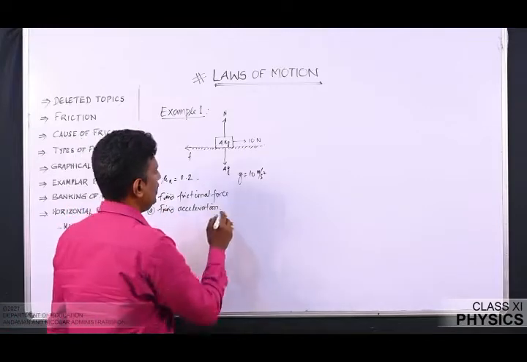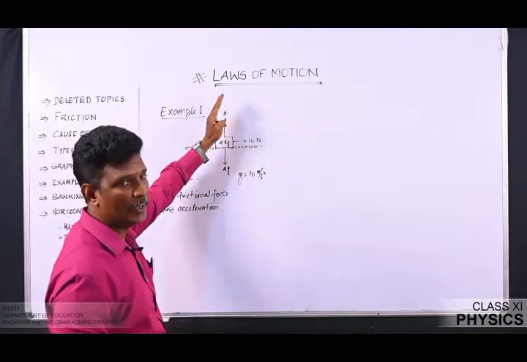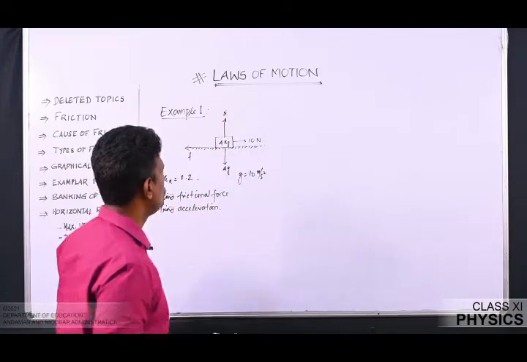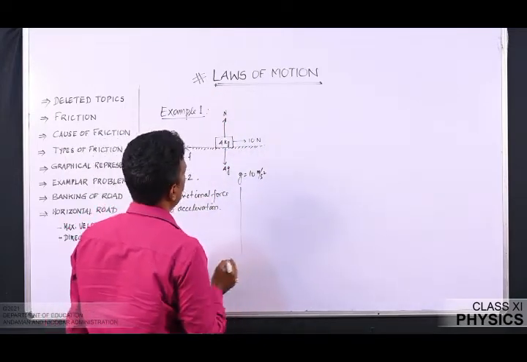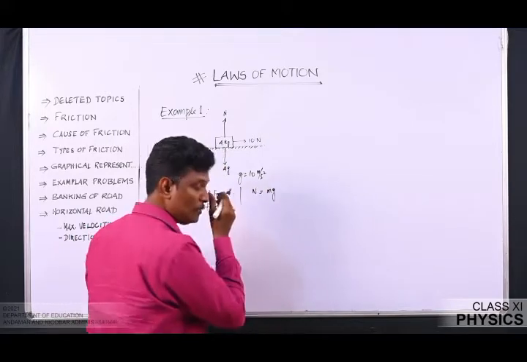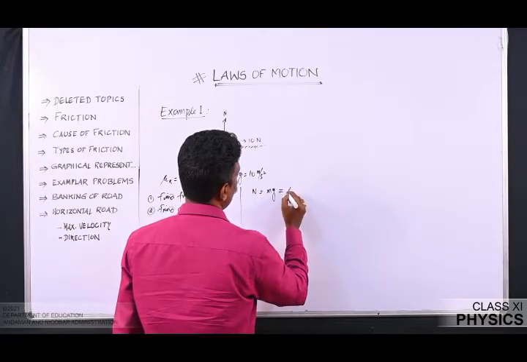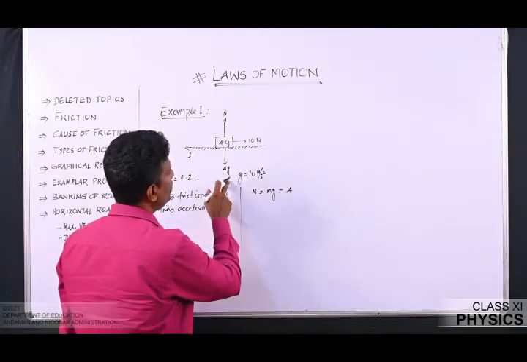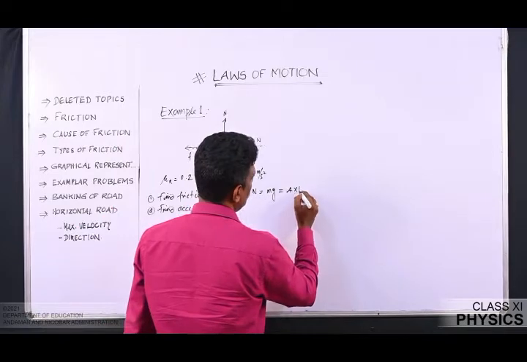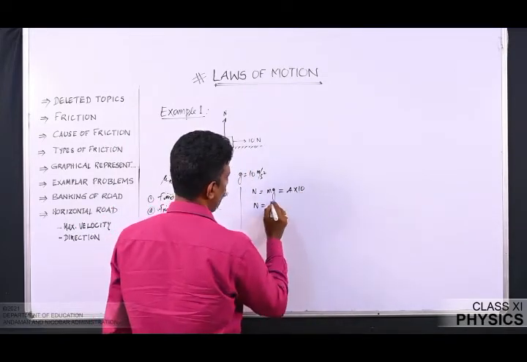So, in this case action is equal to reaction, so we can write N is equal to mg, so m is equal to 4 kg into g is taken as 10. So, N is equal to, normal reaction is 40.